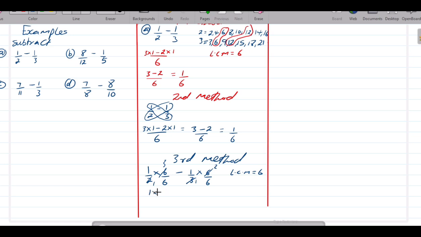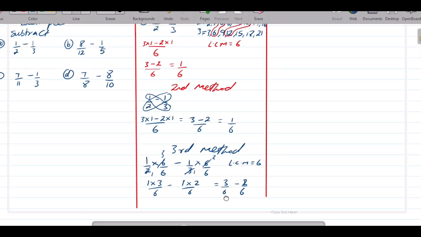So I'm left with 1 times 3 over 6 minus 1 times 2 over 6. Now this is going to give me 3 over 6 minus 2 over 6.